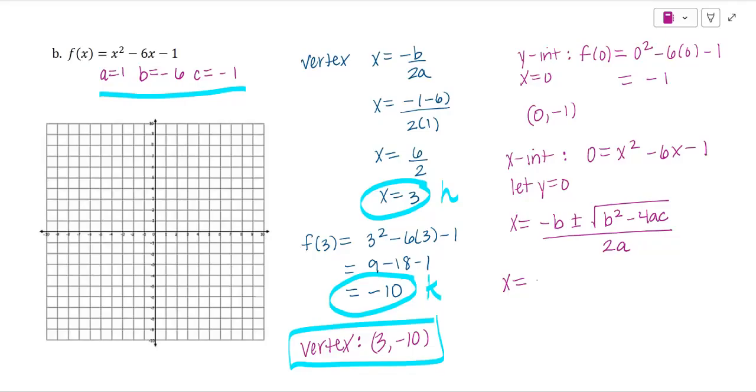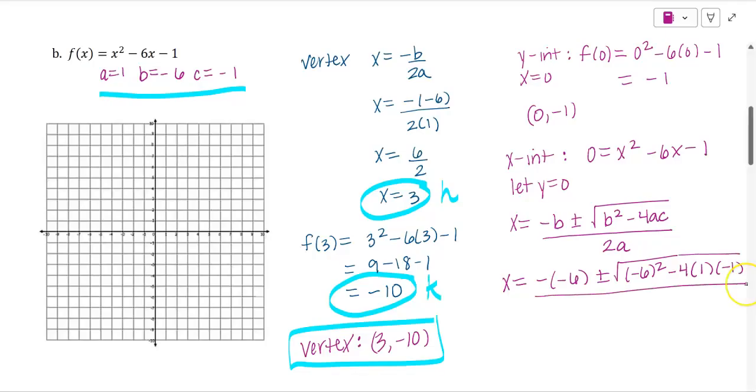So negative 6, and then we'll have negative 6 squared, 1, negative 1, and then this whole thing is over 2 times 1.